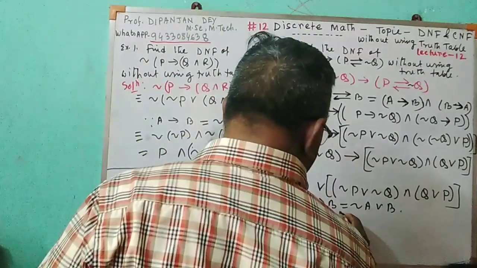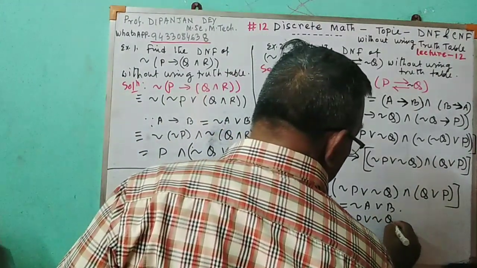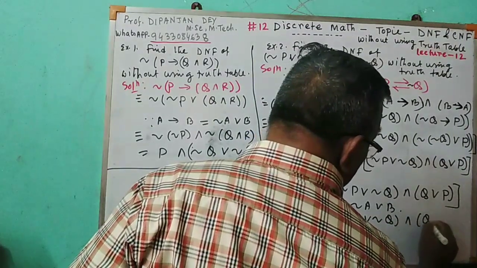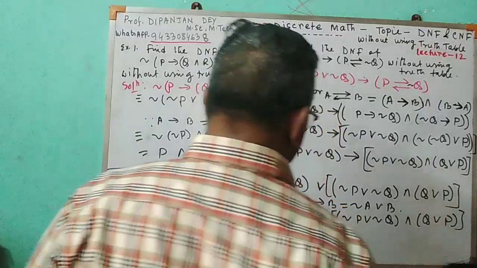I'm keeping this as it is: negation P, disjunction negation Q, this Q P.